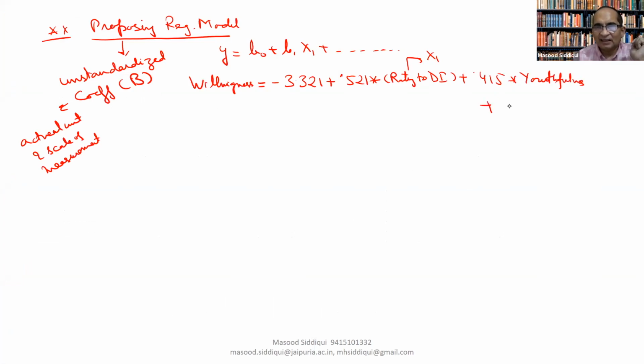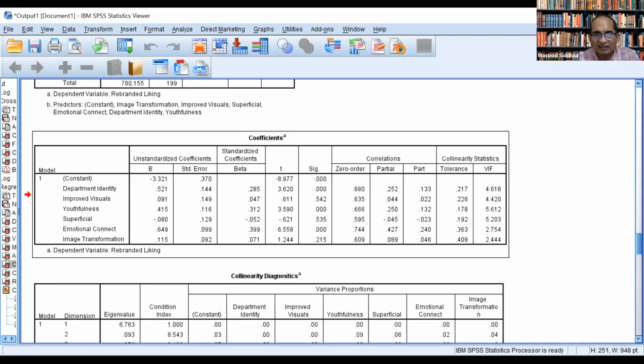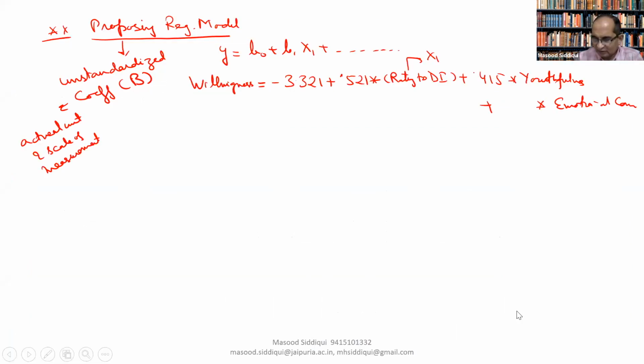And the third significant predictor is emotional connect. The unstandardized regression coefficient for emotional connect, let us check the value, is 0.649. So this is our proposed regression model, which can be used for the prediction purpose.